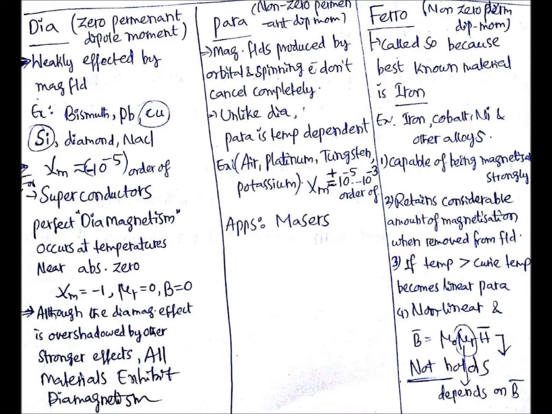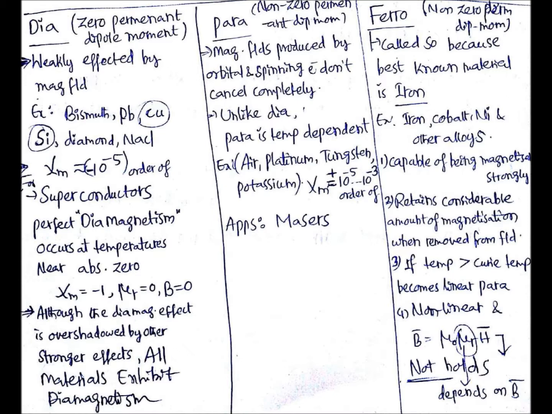Okay, and the examples of dia are bismuth, lead and copper. Listen, copper is a diamagnetic material, and also silicon, diamond, and sodium chloride, that is salt, NaCl. And the examples of para are air, platinum, tungsten, potassium.